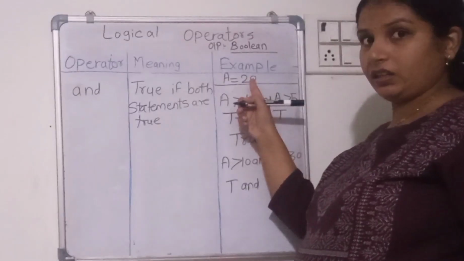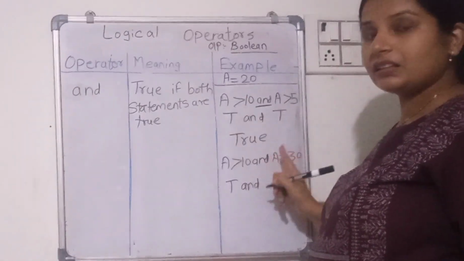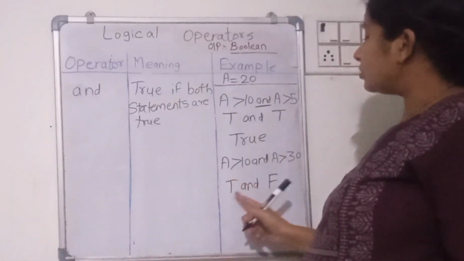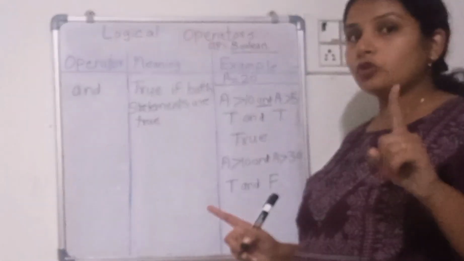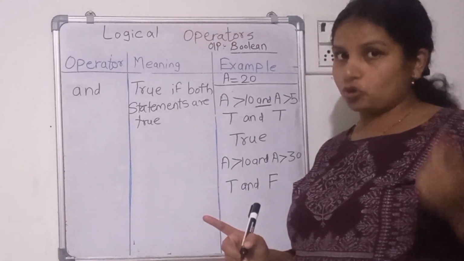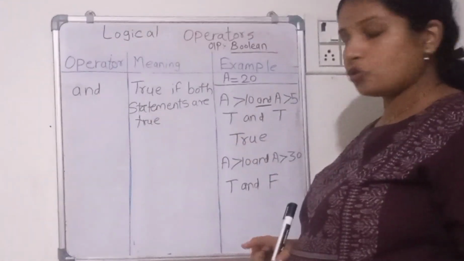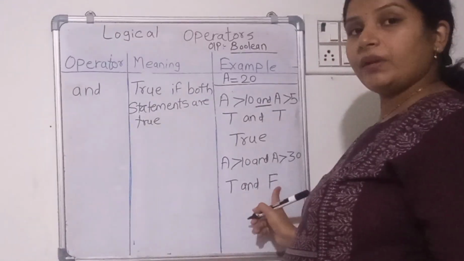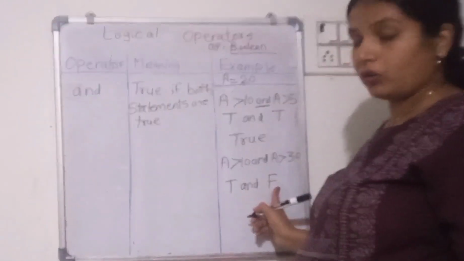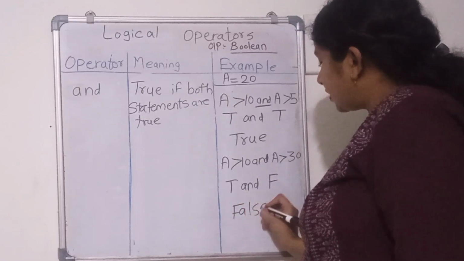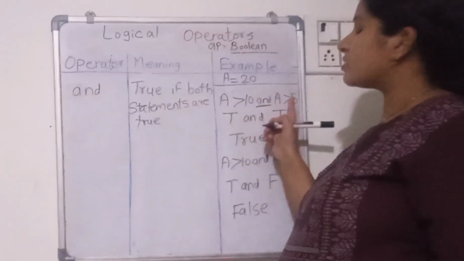Now a is 20, so it is not greater than 30. So here output is false. Both outputs should be true to get the final value as true. Here we are getting true as the first statement is true, but the second statement is false. So output will be false here. Both statements should be true in this case.